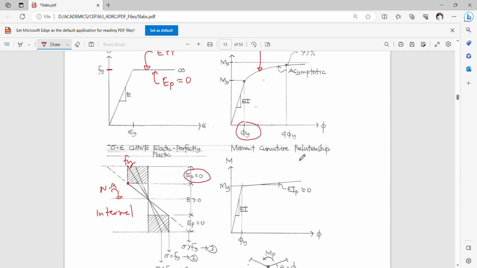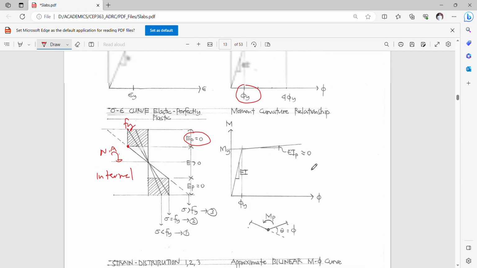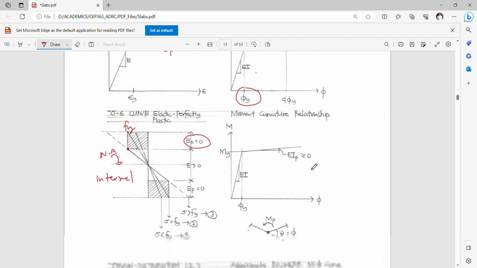So for the moment curvature relationship assumption or representation, it can be represented by this slope. Okay, so EI is the flexural rigidity.